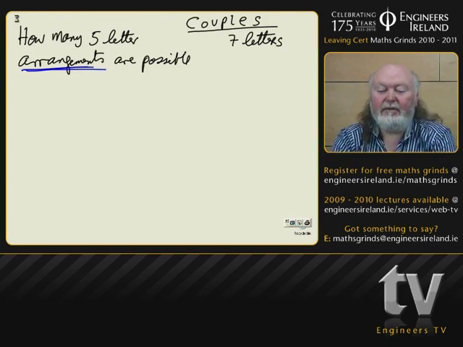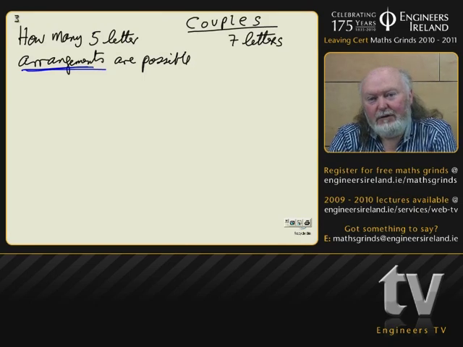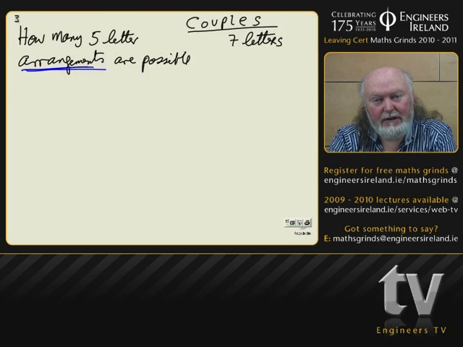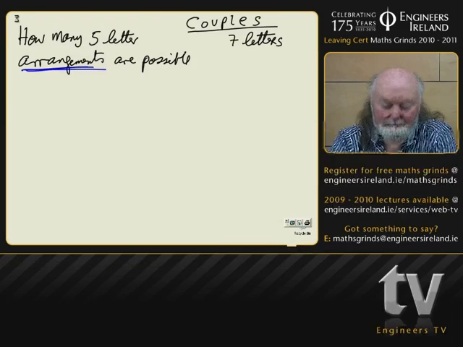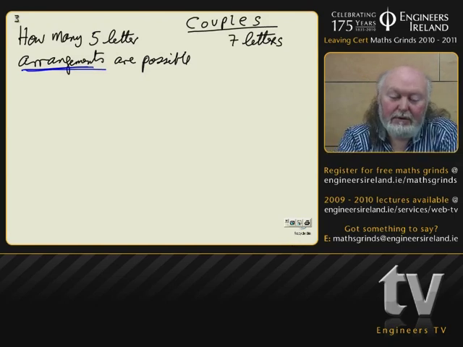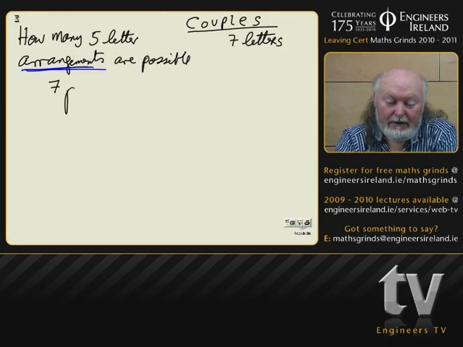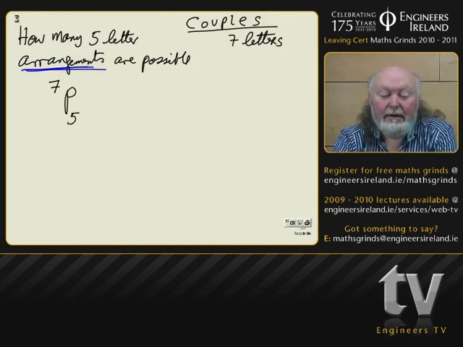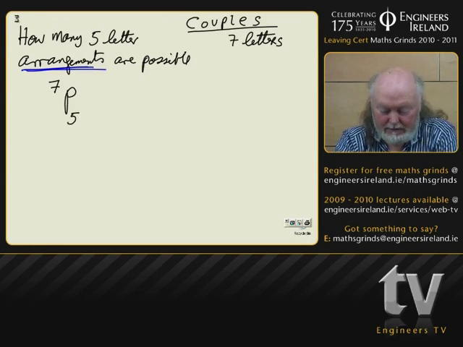Remember, we're looking at picking, or how many permutations. They're the key words in this area. So how many of these 5 are possible? We know 7 is the n. How many 5-letter items can be made from the 7? And it's going to be factorial 7 divided by the factorial of how many are left over.